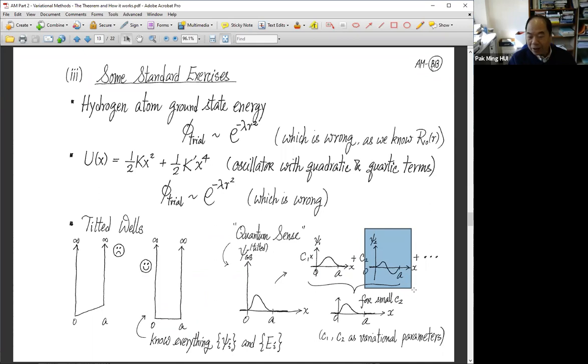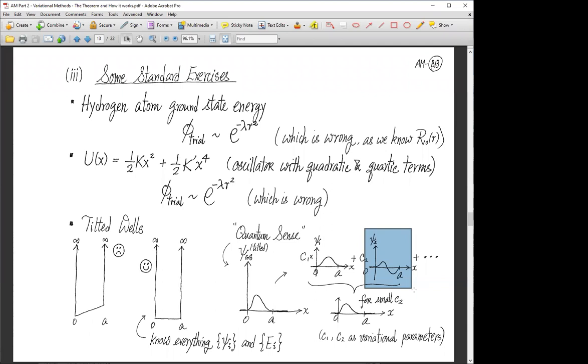Now this one is positive on the left, negative on the right. So if we add this to the ground state, the left-hand side will be enhanced. The right-hand half of the well will be suppressed, in the total wave function, okay?